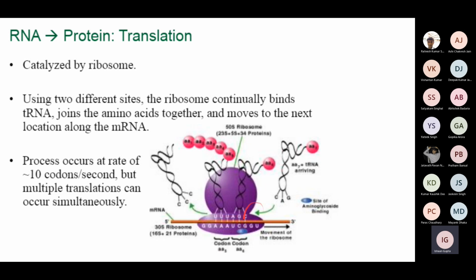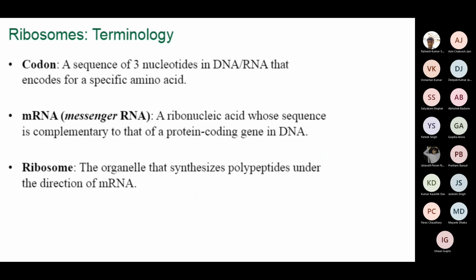And when you have the stop codons, at this point the protein translation stops, and this chain of amino acids is also called a polypeptide chain, because two amino acids are bound together by a peptide bond. This polypeptide chain is cleaved off, and then the protein folds, and you basically get the final product of the protein. So this happens at a much slower rate, approximately 10 codons per second. So 10 codons per second is approximately 30 nucleotides per second that it's reading.